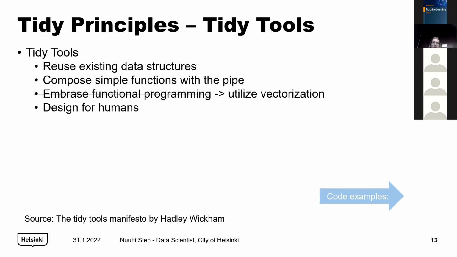The tidy tools then tell you how to write code for handling this tidy data, and they consist of four principles. The first is reuse existing data structures, which basically means to use tidy data and the common formats for your data, so the data types should be sensible for the data. Then the pipe operator, which you are probably also familiar with.